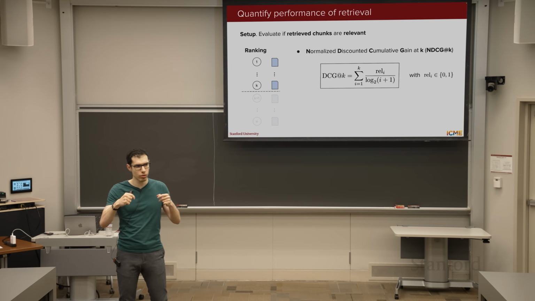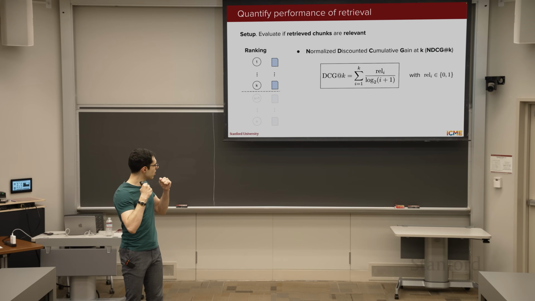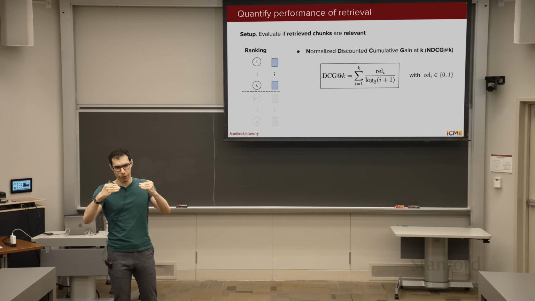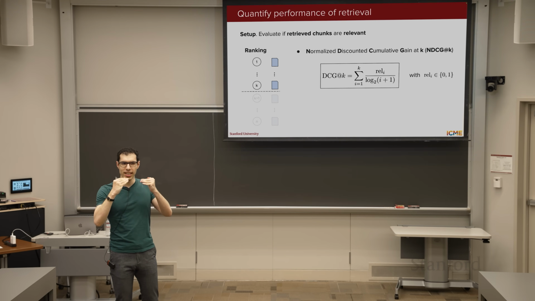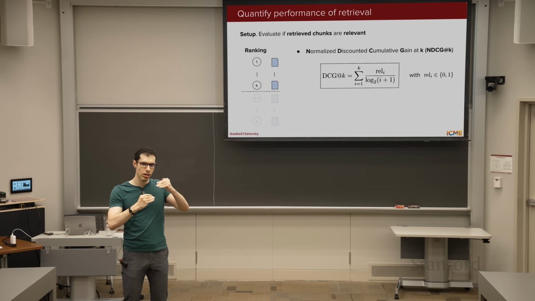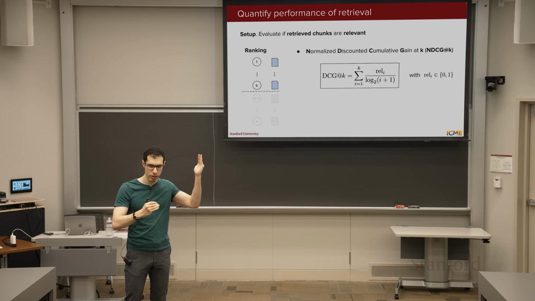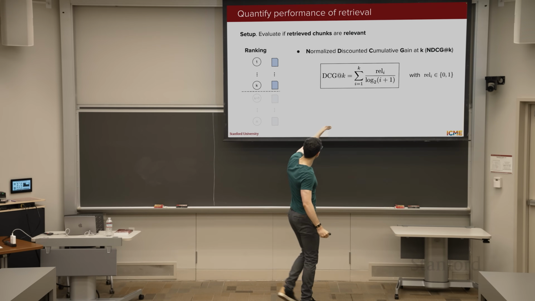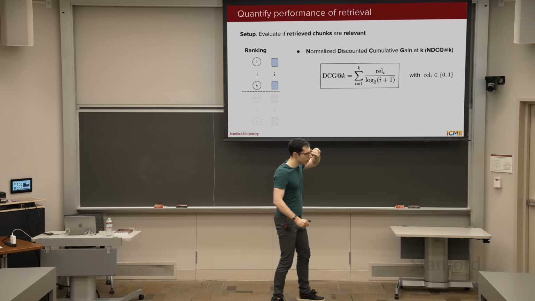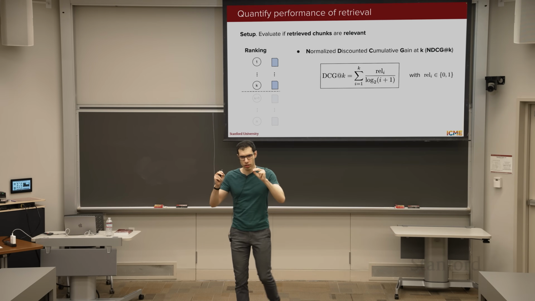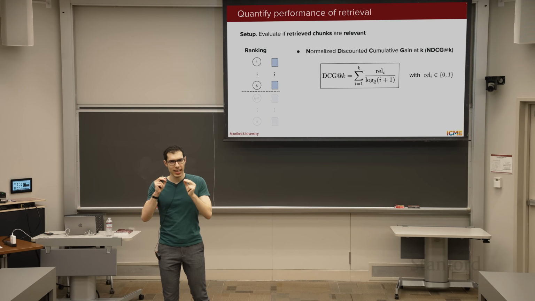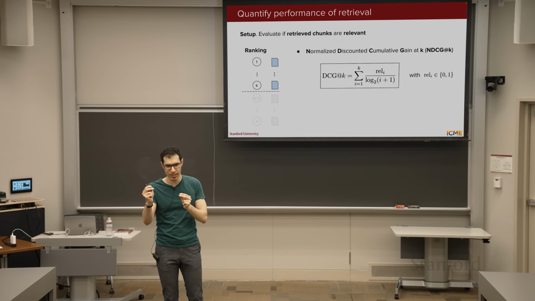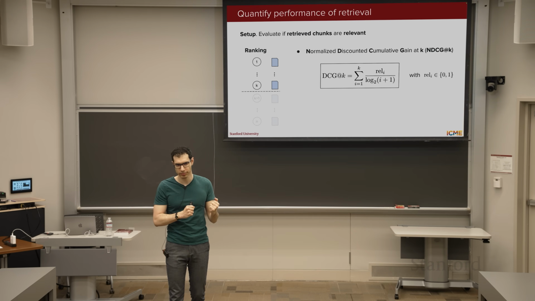It's trying to incentivize the score to be higher if you're ranking the relevant documents closer to the first position. What it does is it is the sum over the first k positions that you've ranked, and it is looking at whether what you've ranked for each of these positions is relevant or not.